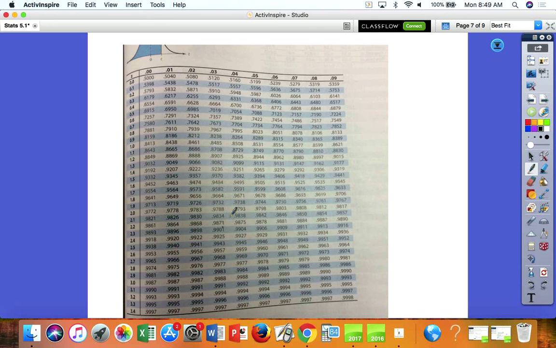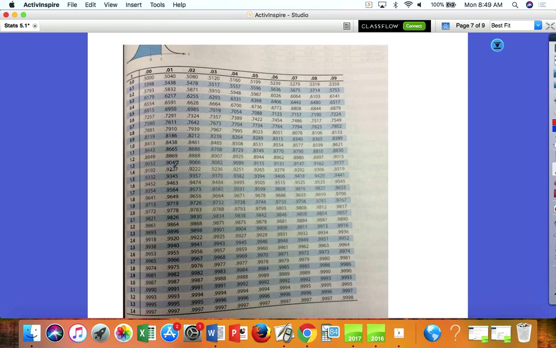So here I have the table. Here's a z-score to the tenths right here. So this is 1.3, and now you move to your hundredths. So this would be a z-score of 1.33, and that number right there is the area of this blue region.